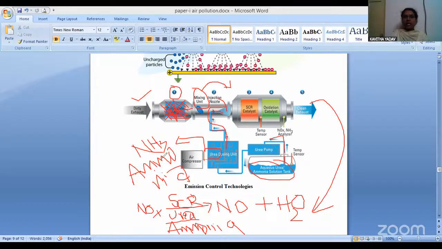And this is the clear explanation of the emission control technologies used in power plants, cement industries and steel industries.